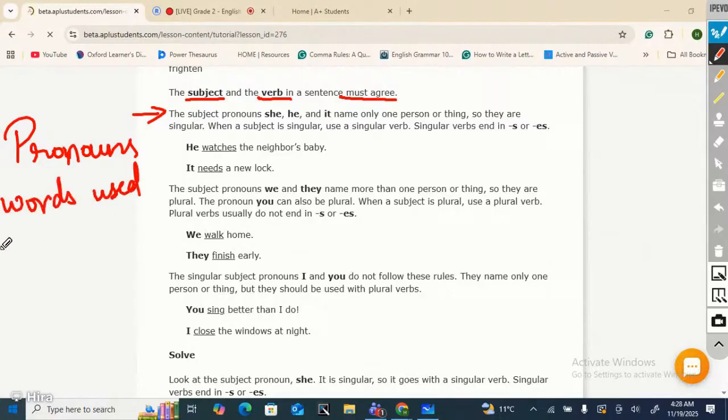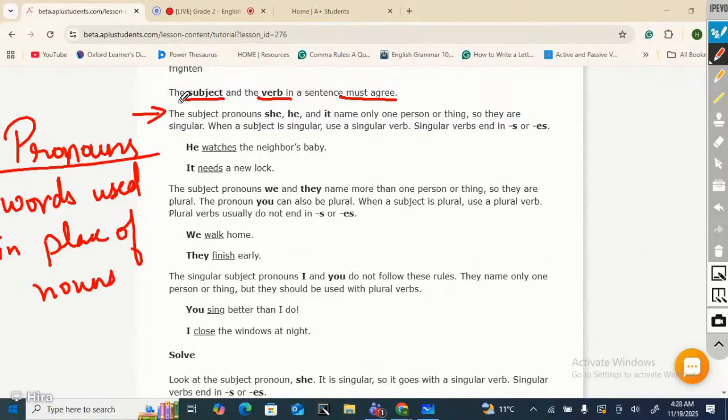Pronouns are the words that we use in place of nouns. When we don't want to repeat nouns, we use the words which are pronouns. The words like he, she, it, we, they, you, these are the words.